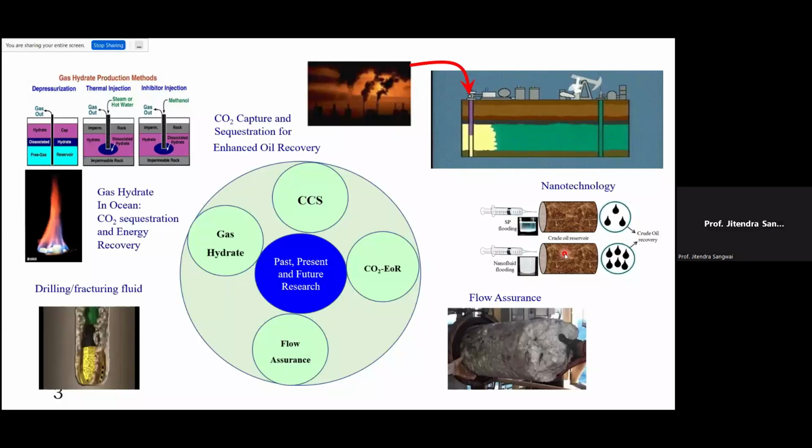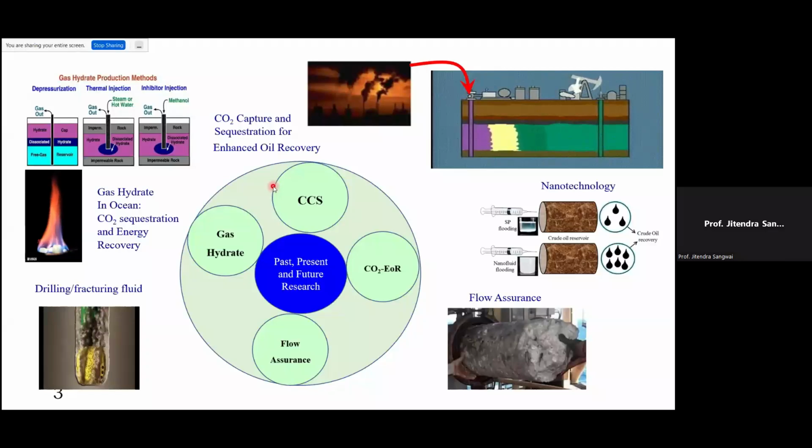We have also been looking at CO2 injection into the reservoir, where CO2 can be utilized from the power plant, so that we can recover oil from the reservoir and also sequester most of the CO2 into the subsurface reservoir. In addition, we are currently looking at carbon sequestration into the ocean in the form of gas hydrates, which I will discuss in detail.